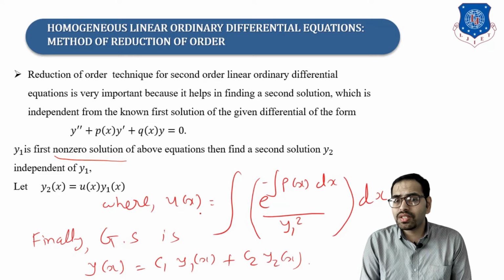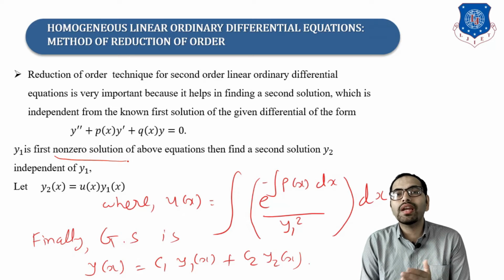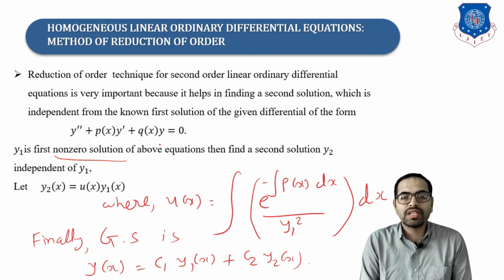See, in this technique, we just find the u of x. For that, what we have to do? Obviously, our question, which is in the form of a second order linear differential equation, is compared with this equation. This one is the standard form of the differential equation for the second order. According to that equation, we identify the values of p of x and q of x.